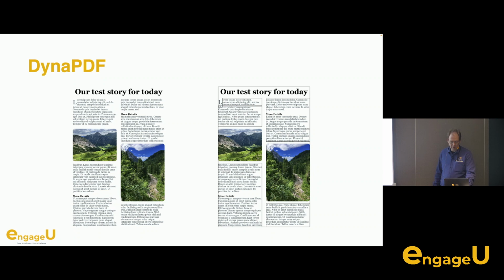Then I have examples for layouting. So if you need to create a PDF from scratch with DynaPDF, you can do that. You can place pictures, you can have text going around the pictures. Like you see, we have defined these boxes here. And then we tell DynaPDF, please output the text from one box to the next box, to the next box, to the next page.